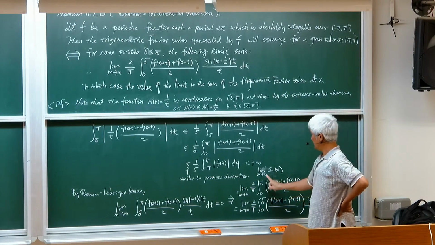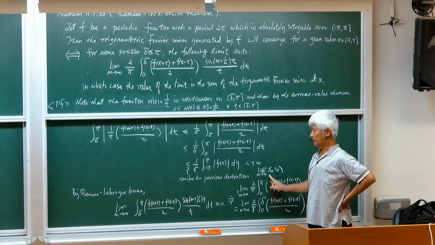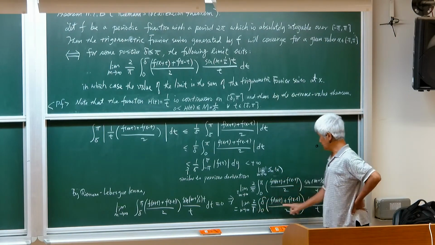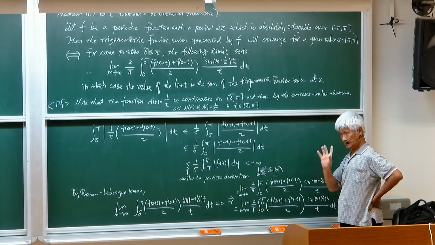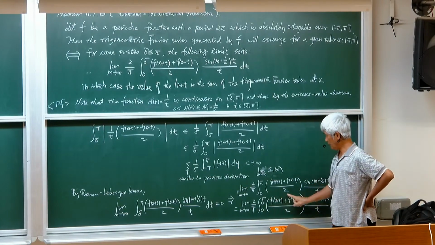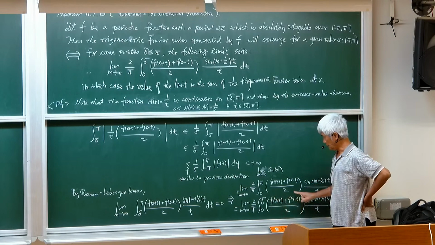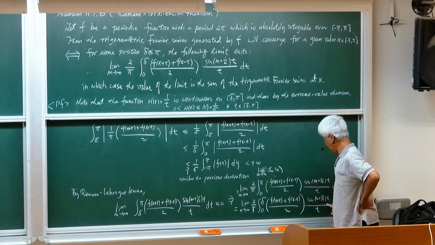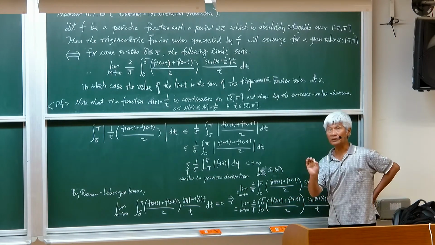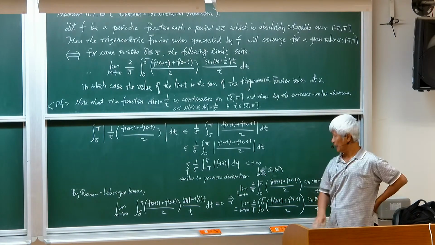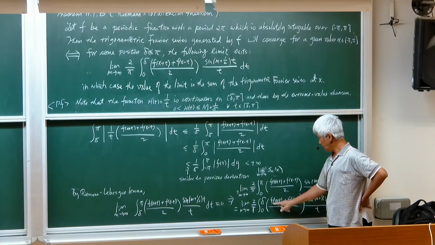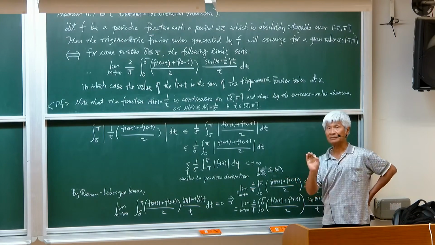So the convergence property of the partial sum at x depends on the behavior of this function when t is very close to 0. It is localized at 0, and when t is close to 0, the argument is very close to x.